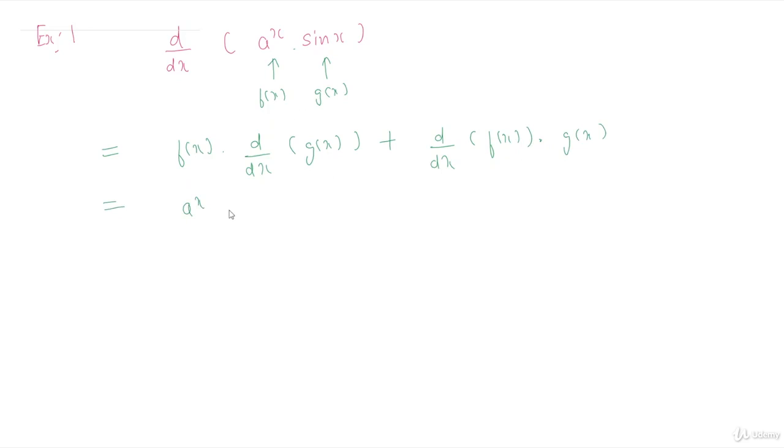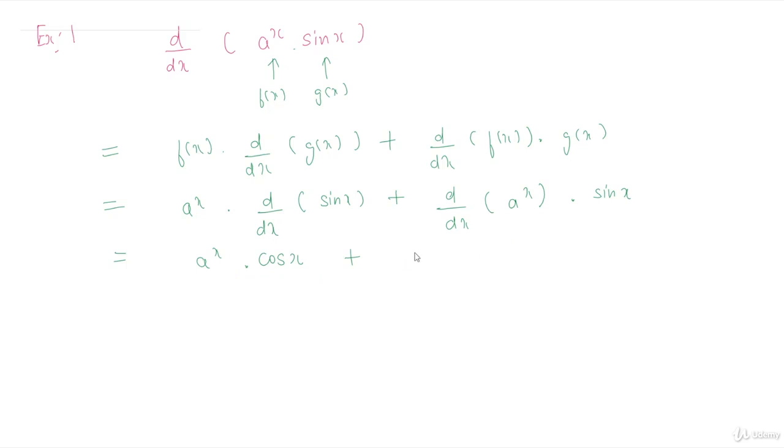So f of x is a to the power x and g of x is sine x, plus d by dx of a to the power x multiplied by g of x, which is sine x here. So this is a to the power x and d by dx of sine x is cos x from the previous rules, right? Plus d by dx of a to the power x.